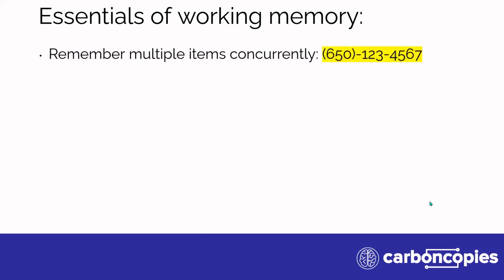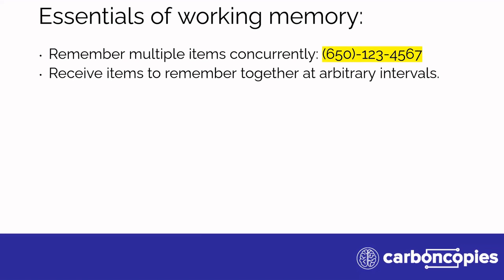It must be able to remember multiple items concurrently, like this telephone number, for example, where you see that it's not a coincidence that the last digits are 7 digits. It must receive items to remember together at an arbitrary interval.